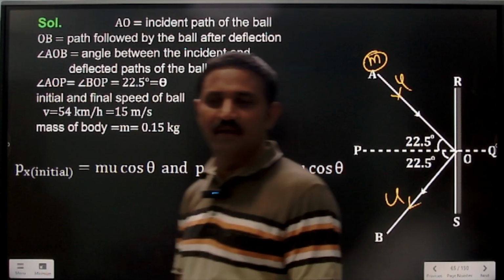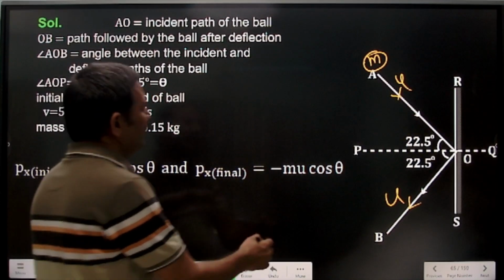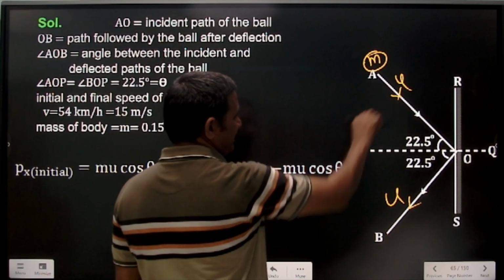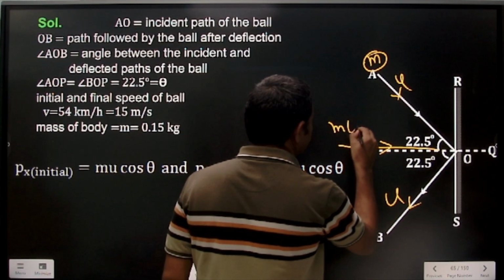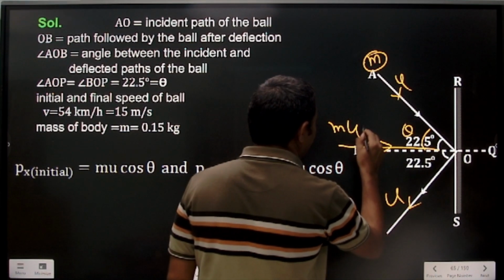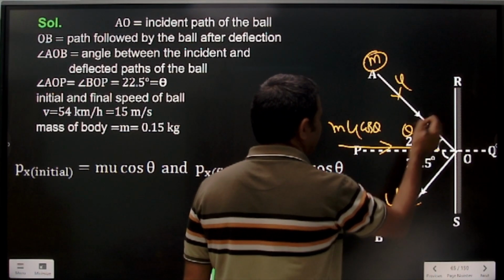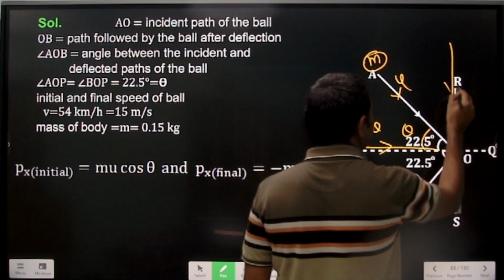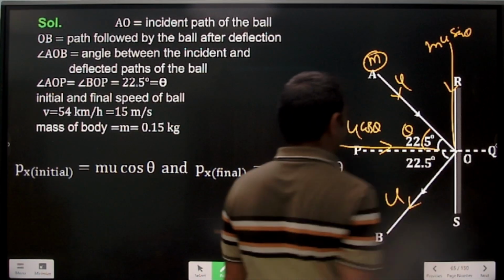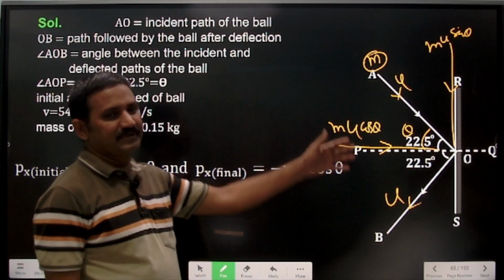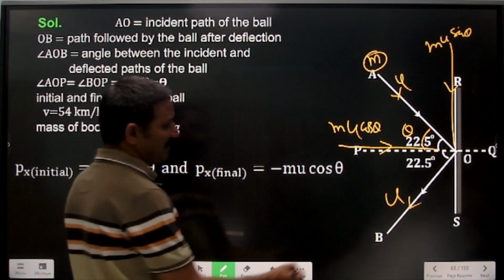How to resolve initial momentum? This is mu cos theta in this direction. Assume this angle is theta, this is mu cos theta, and in this direction it is m into u into sin theta. This is the initial momentum resolution, and similarly the final momentum resolution.